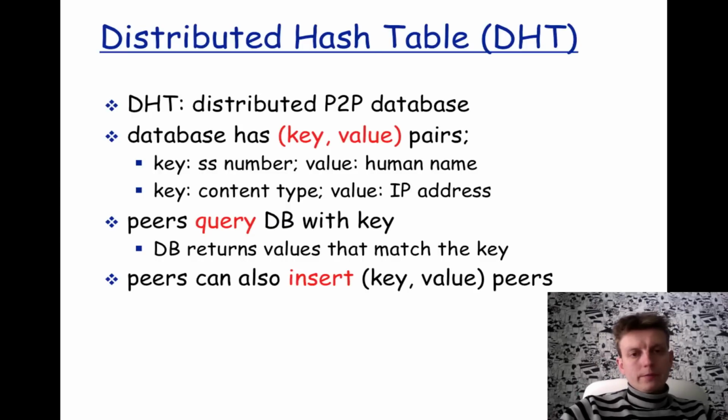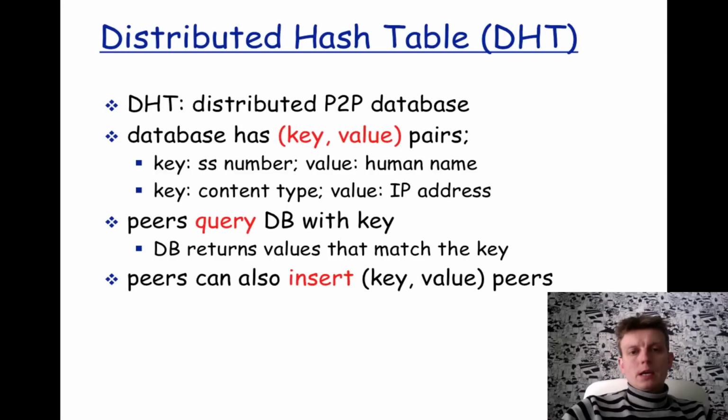But what if this centralized solution is not an option? So what if we do not have a dedicated server that keeps the index of the information? Instead, we have this index in a distributed table. So each peer contains part of the index database.